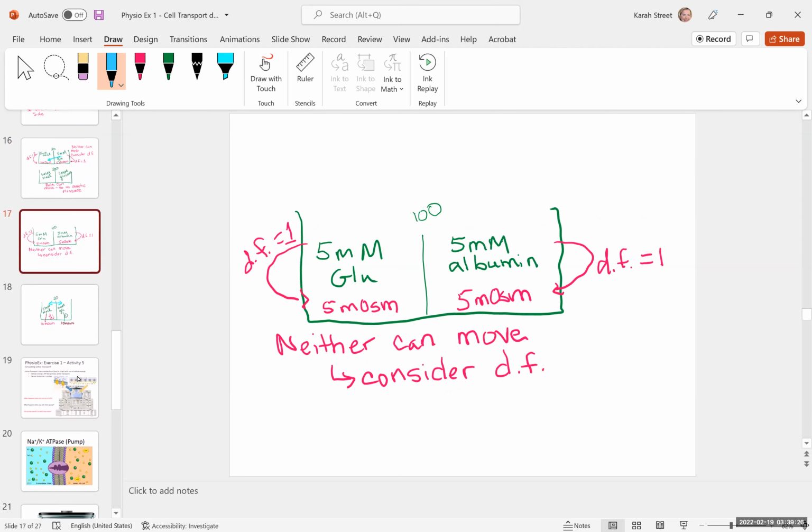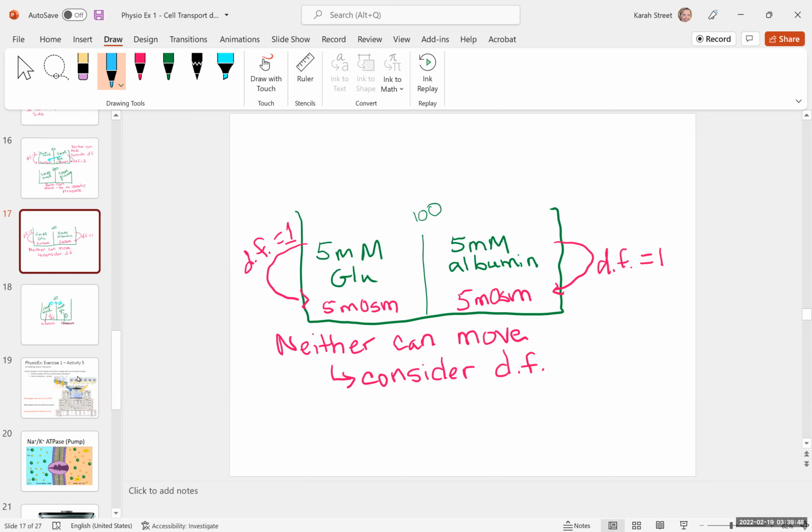Here's another example. I have a molecular weight cutoff of 100, separating a left chamber that has 5 millimolar glucose and a right chamber that has 5 millimolar albumin. I ask the question, can either of these solutes diffuse?